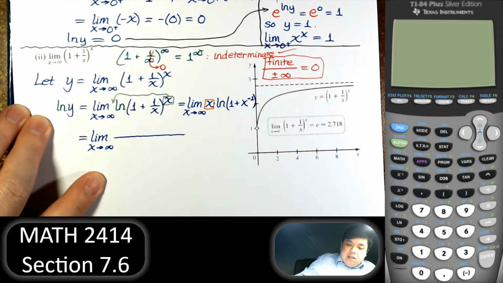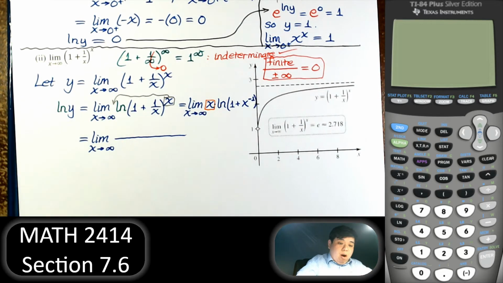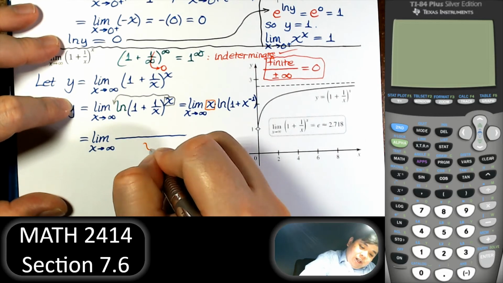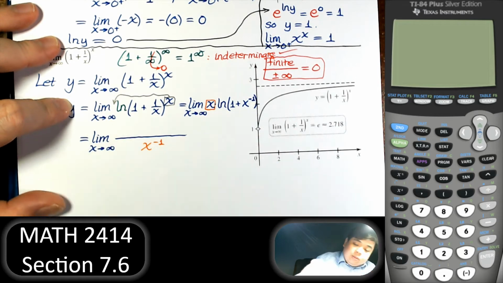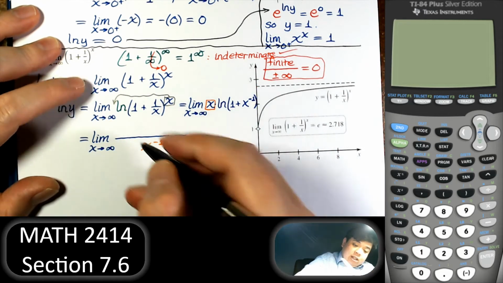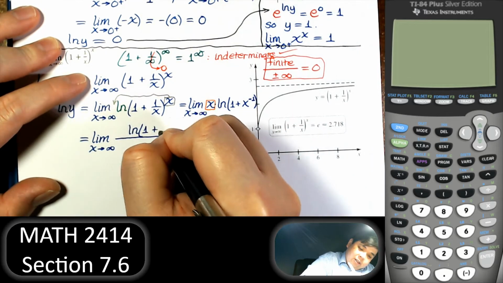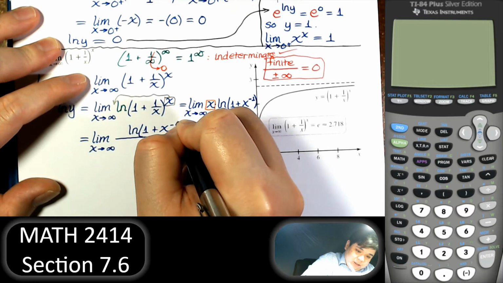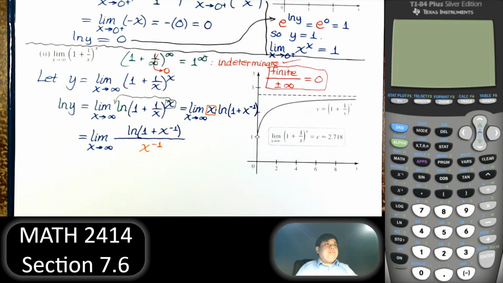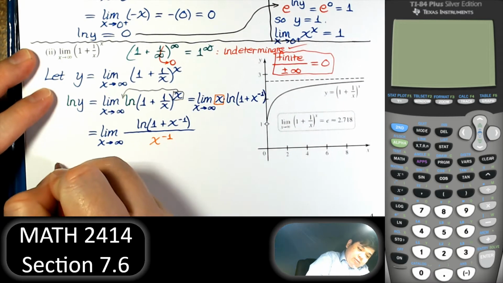That x to the first power moves to the bottom and becomes x to negative 1, and at the top we have ln. Now that's good. We have a ratio.